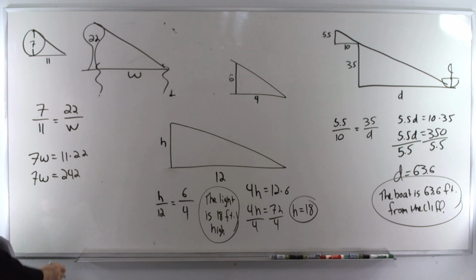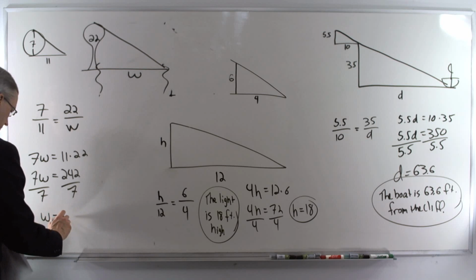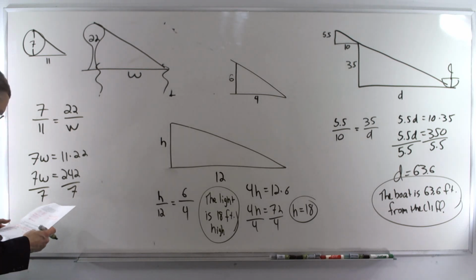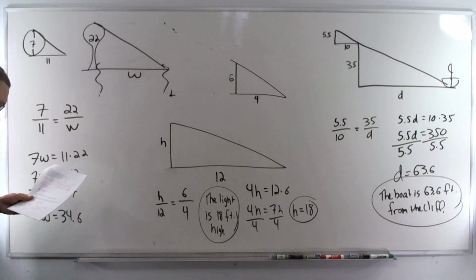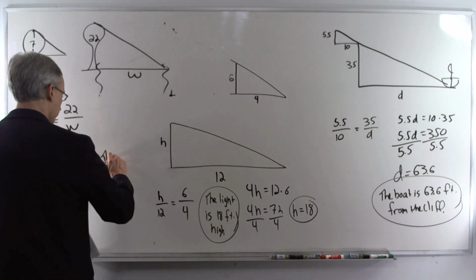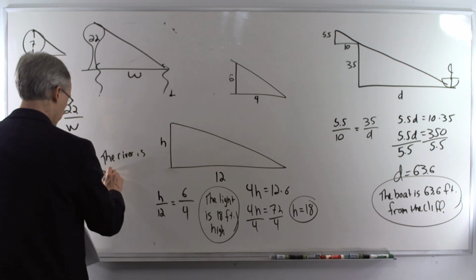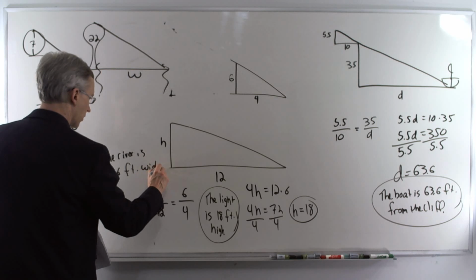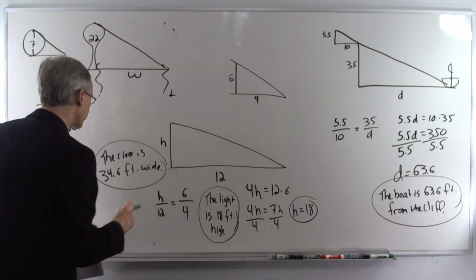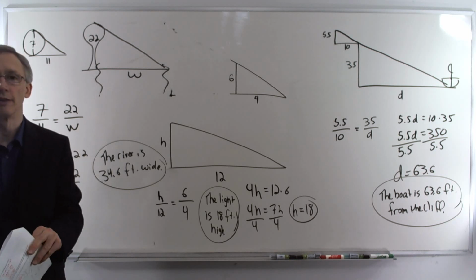So 7W is 242, and that gives us 34.6. So the river is 34.6 feet wide. And that is it for today.